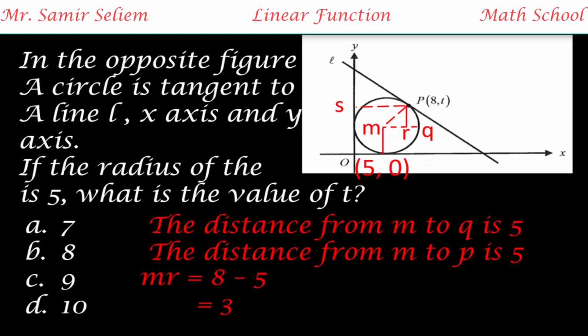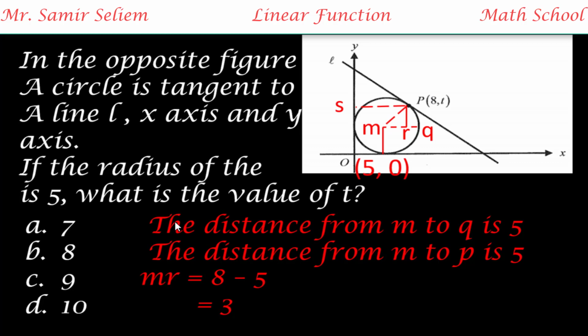So we have MR equals MQ minus RQ. It will be 8, because from the y-axis to the point Q is 8, because we have here the point B, 8 comma t.